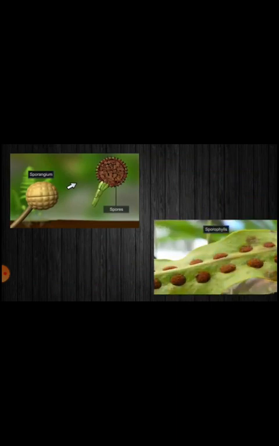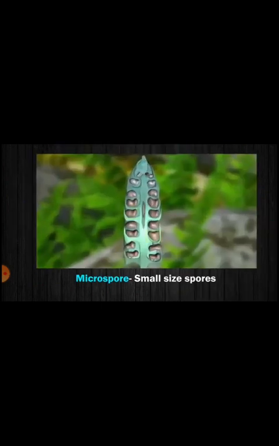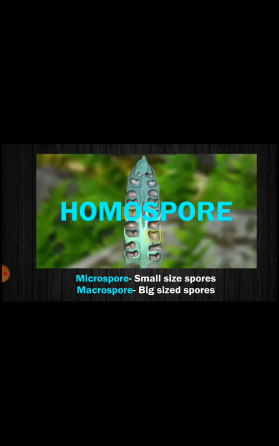Spores are produced in sporangium and a leaf having sporangium is called a sporophyll. Generally sporophytes produce very small spores, also called microspores, or same-sized big spores, also called macrospores. Because of the same size, these spores are also called homospores.